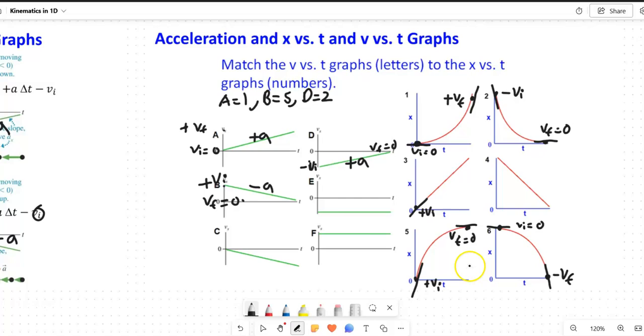So we're looking for a graph where it starts with an initial velocity that is 0, and then later on its final velocity is negative.